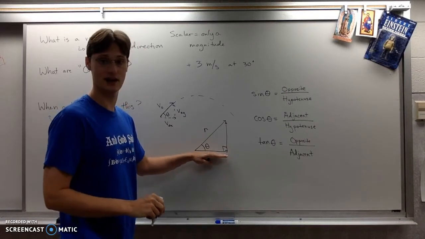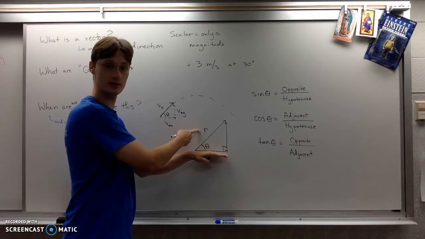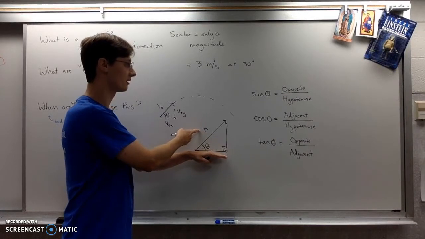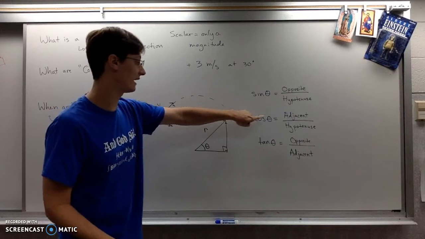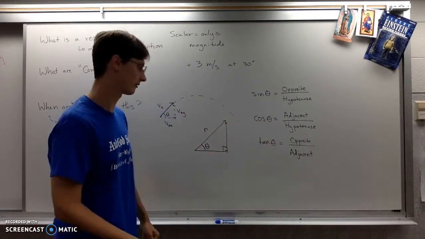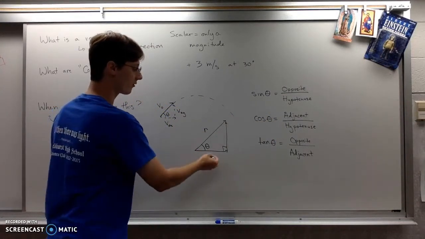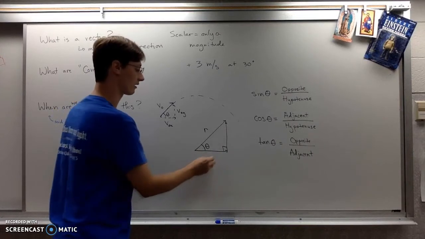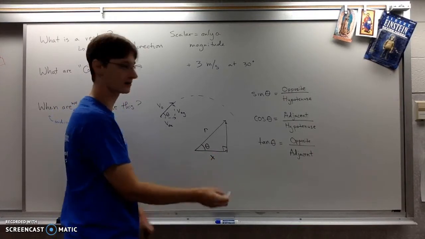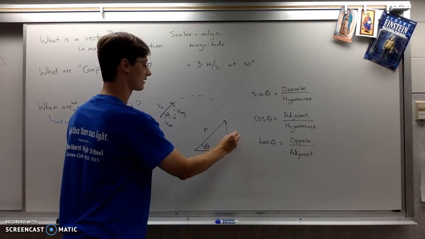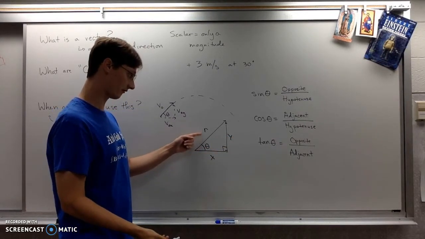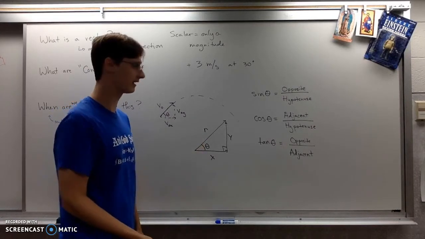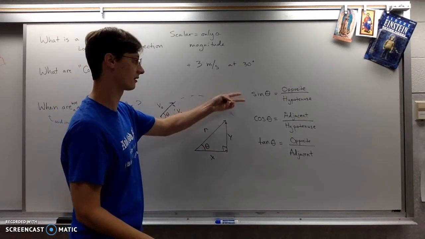The adjacent side is going to be related to this hypotenuse using the cosine function, because cosine relates adjacent and hypotenuse. Okay, so if I want to know what this side is, which I'll call x, and I want to know what this side is, which we'll call y, in terms of r and theta, then I'm going to use the appropriate trig function.